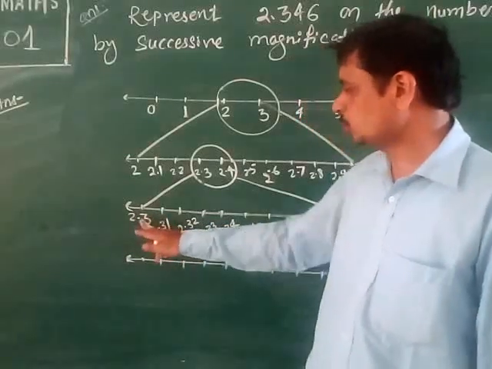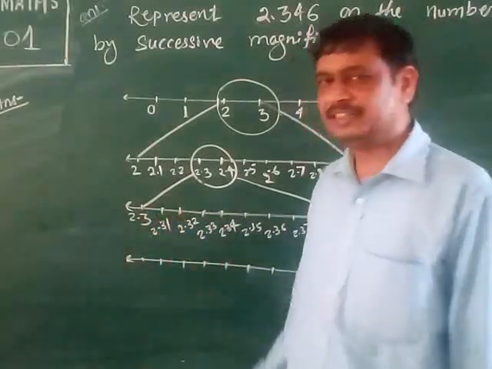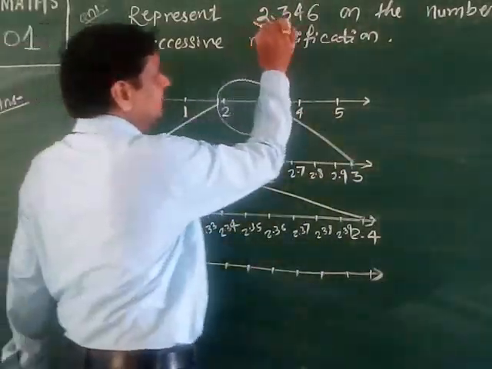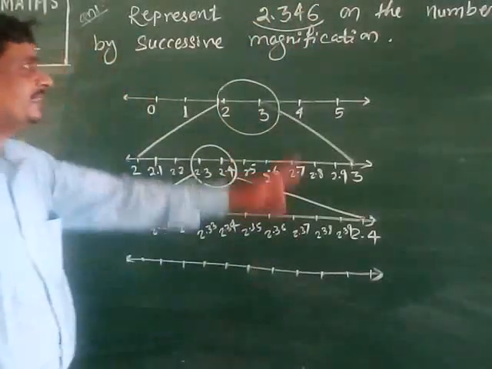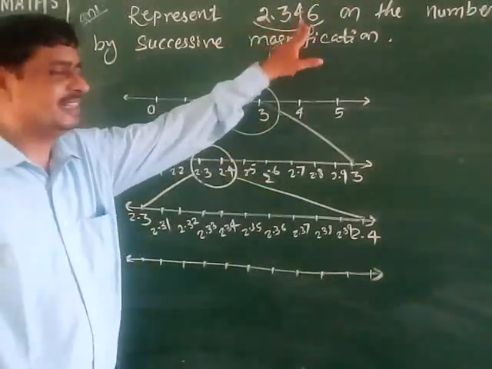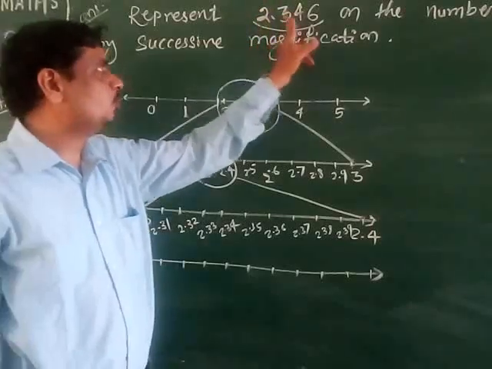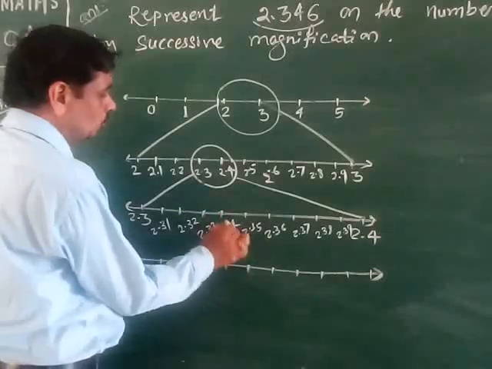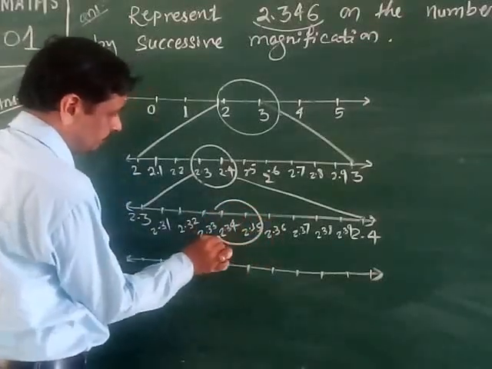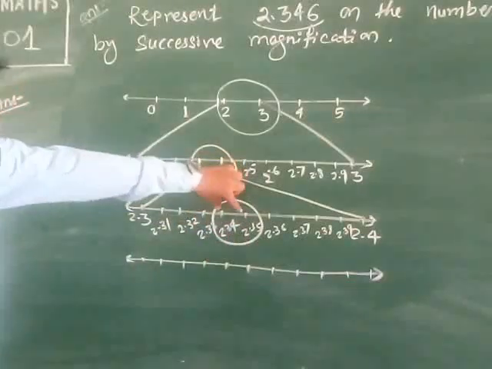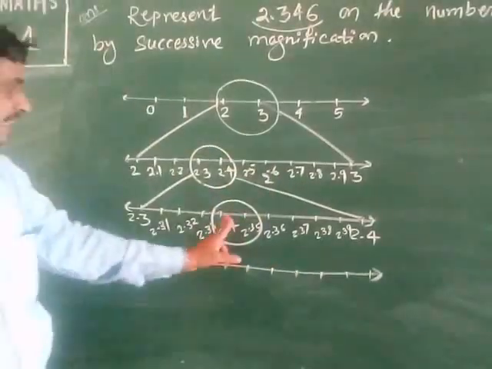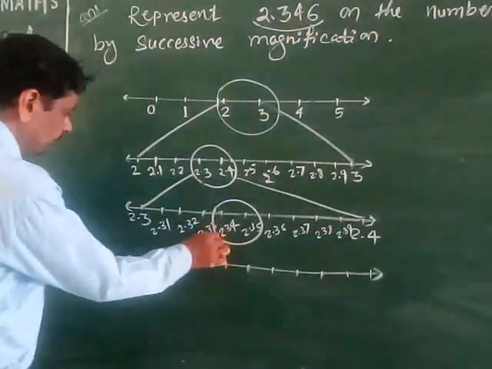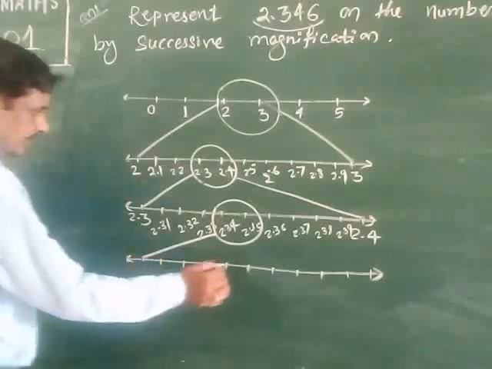Here 2.3 up to 2.31, 2.31 up to 2.32. Next, look at the number, it is 2.346. This number is more than 2.34, but it must be less than 2.35. In between 2.34 and 2.35 we have to magnify this part, because in this part we can get the given number.